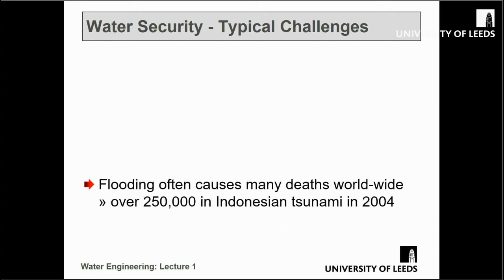We hear about flooding, but not many people die in the floods in the UK. Still, one's too many, and we need to think about it. You will be working in flood management in the UK, usually protecting property and the economic impact. But flooding is also a challenge that causes death.